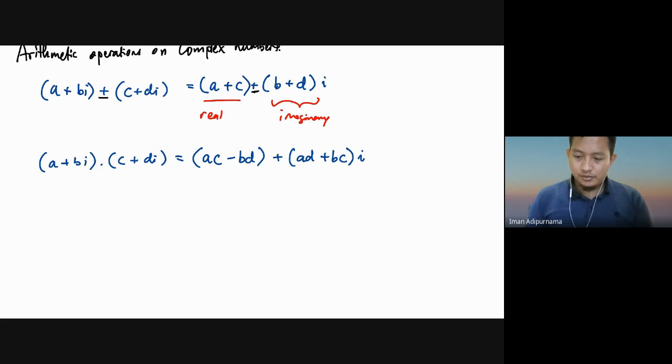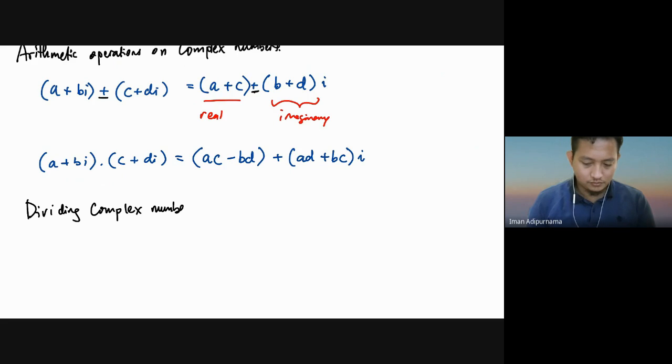And also, if you have division, how do you divide complex numbers? We need to do something first.